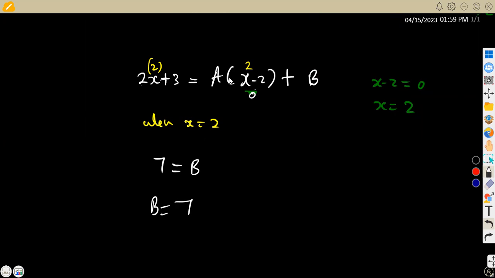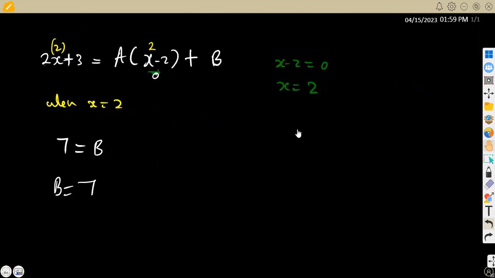To find A, either you can let x be equal to 0, or you can expand and equate coefficients, just like what we saw previously.